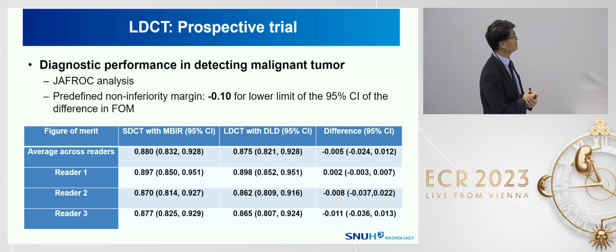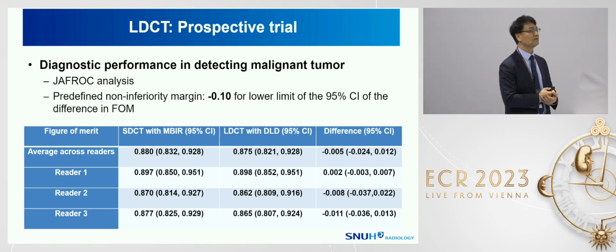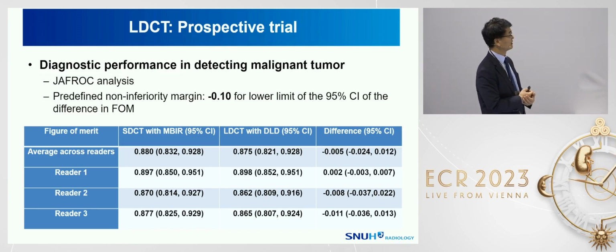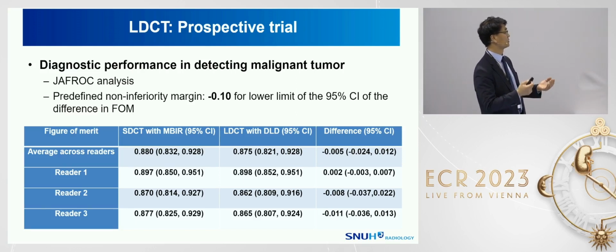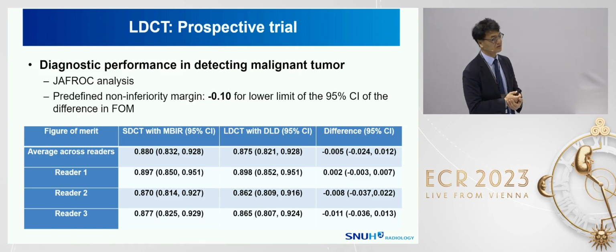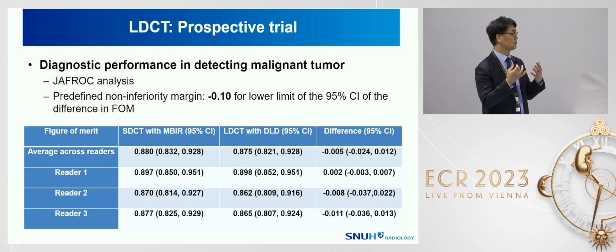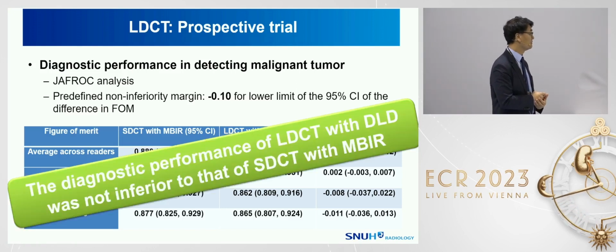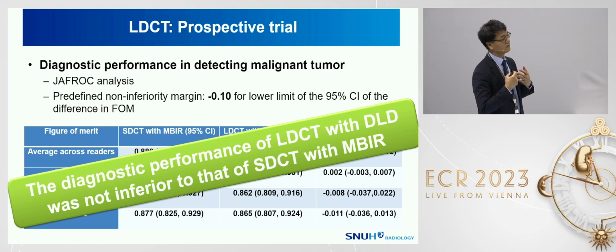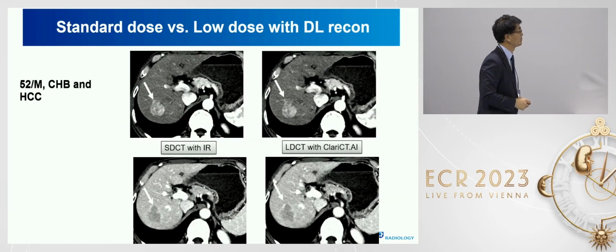And then all 3 readers showed non-inferiority between low-dose CT with ClariCT.AI reconstruction and standard dose CT with MBIR reconstruction. So that means in terms of malignant lesion detectability, there is no difference. So we can freely lower the radiation dose by up to 66% without losing diagnostic performance of CT.